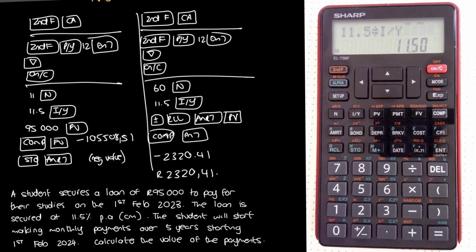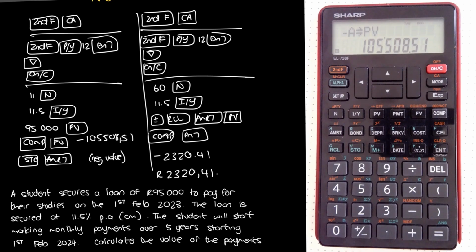So we're going to put it in as positive. We saved it as negative, so we're going to say plus minus recall A is equal to the present value. It's positive because it is a loan and it's technically money that we have. We haven't paid it off yet.